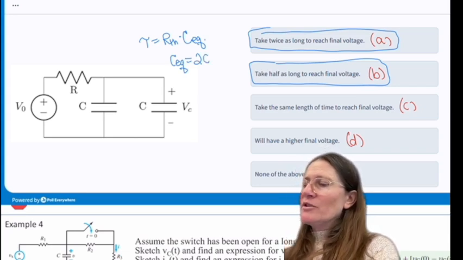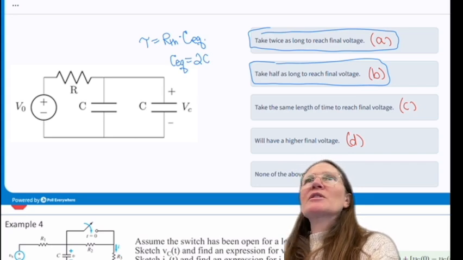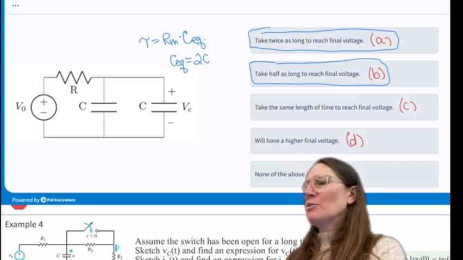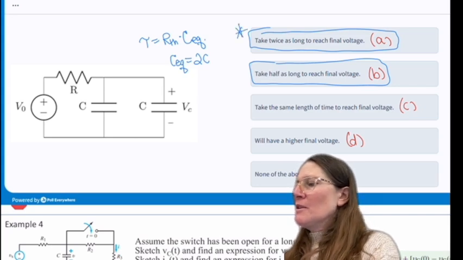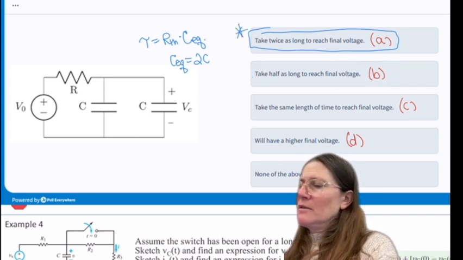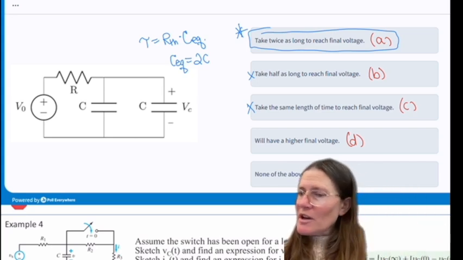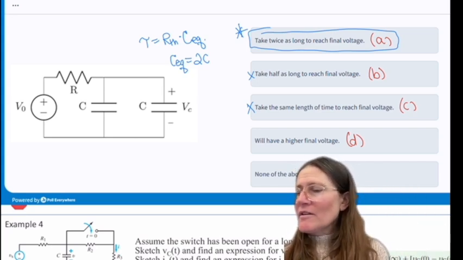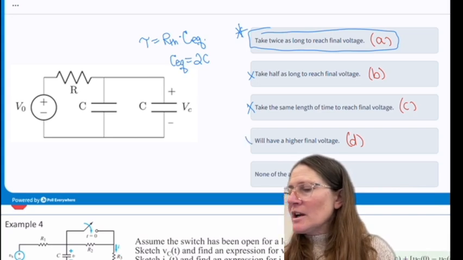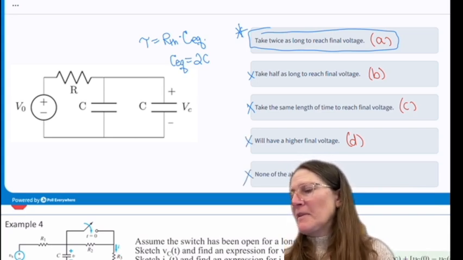And so that's going to double the time it takes. So it will be A. It's not going to take the same amount because we've changed a value there. And it will not have a higher value.